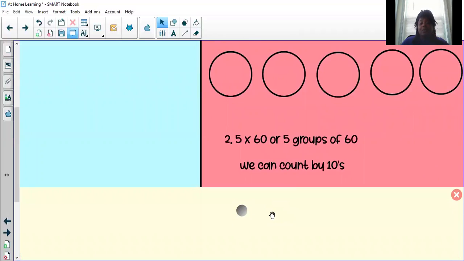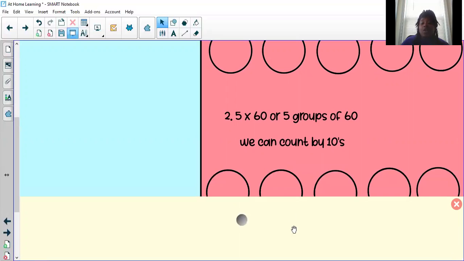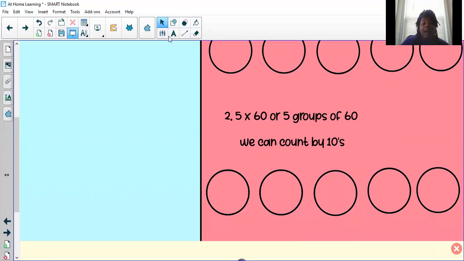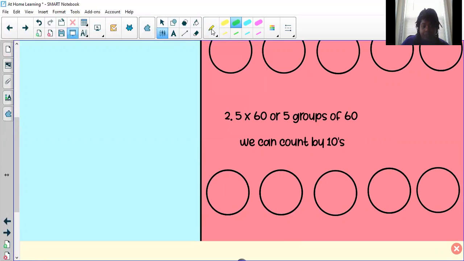So for the next one, we're going to do 5 times 60, or 5 groups of 60. For this one, we're going to do the same thing we did before and count by tens. So instead of drawing the dots, I'm going to count by tens by drawing my sticks.